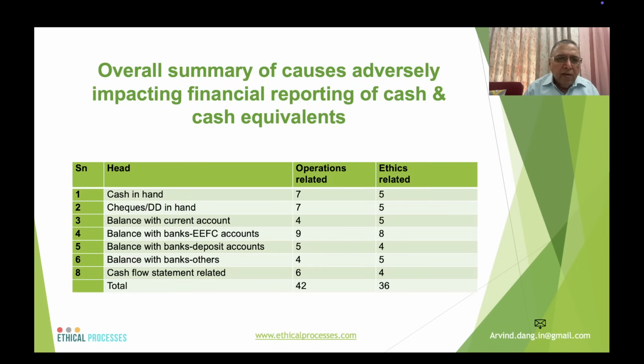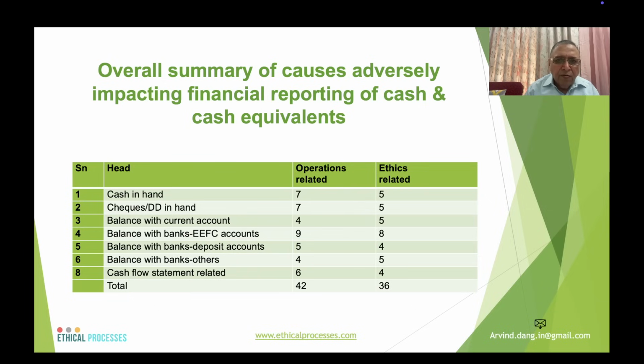This table has 4 columns: serial number, head, operational related causes, and ethics related causes. For example, in row number 1, cash in hand, 7 operational related causes have been identified that can adversely impact the financial reporting, and 5 ethics related causes. Similarly, for checks and DD in hand, 7 operational and 5 ethical causes.